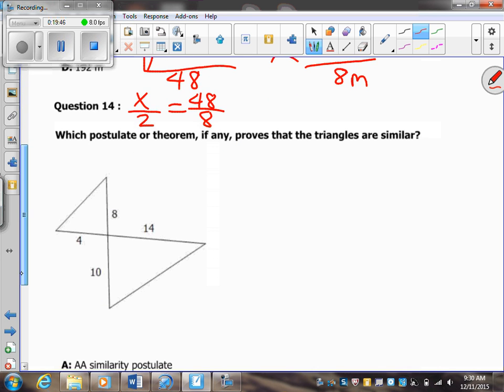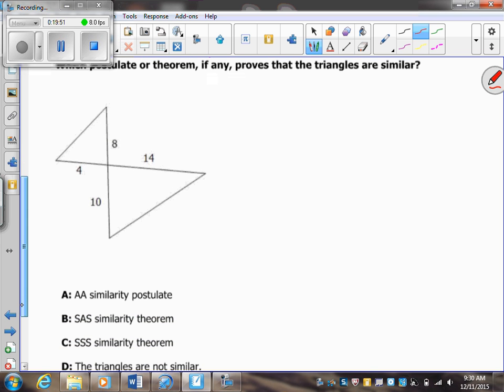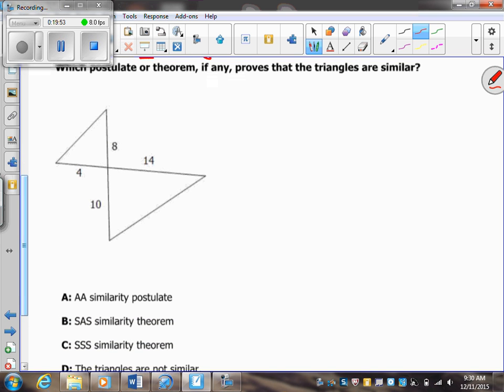Which postulate or theorem, if any, proves that the triangles are similar? Remember, bow tie: if the two sides are given to be proportional, I can only use side-angle-side. But to make sure it's side-angle-side, I have to make sure the sides are proportional. So 4 is the smallest side, 10 is the smallest side, so I do 4 over 10.